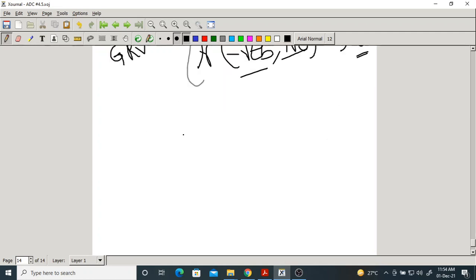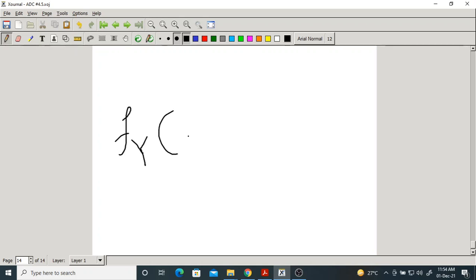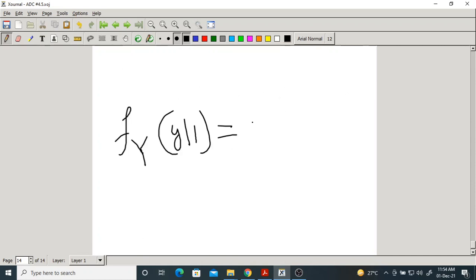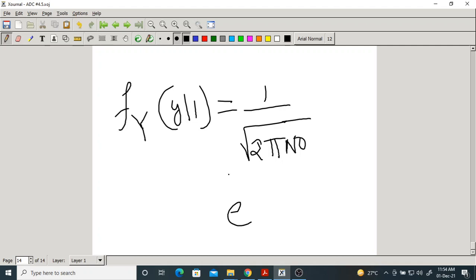Now if you write the PDF, when symbol 1 was transmitted, mean root EB, variance N0. What do you write? 1 by root 2 pi sigma square, where sigma square is N0, into e power minus y minus root EB whole square by 2 sigma square, that is 2 N0.